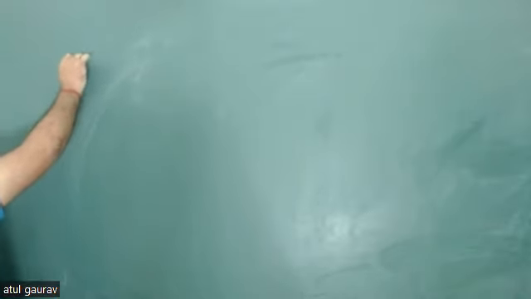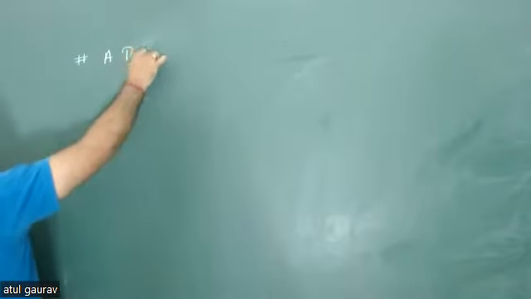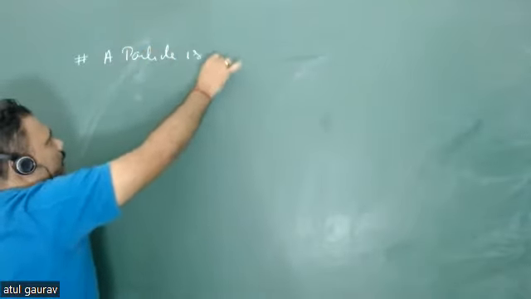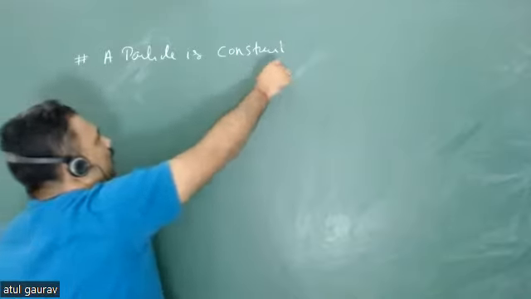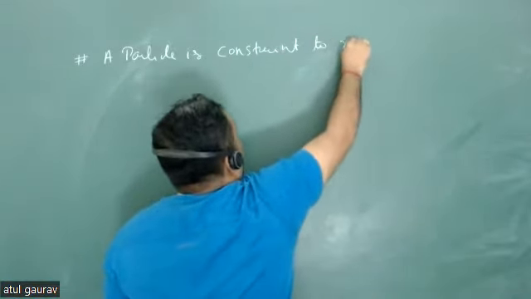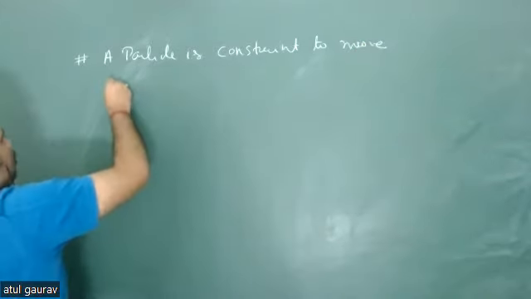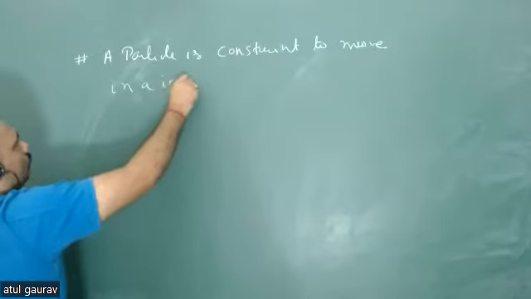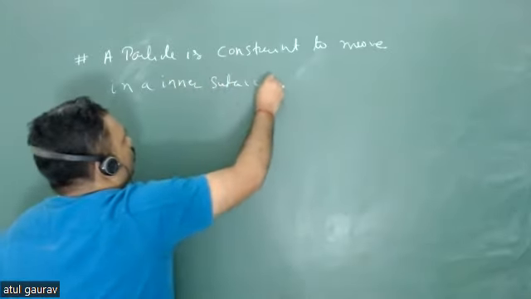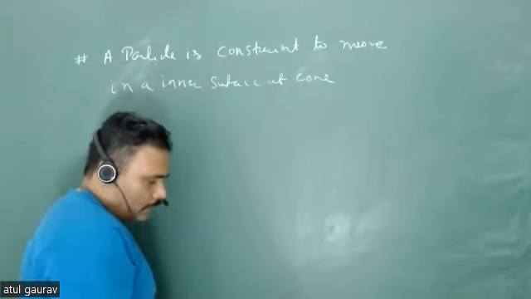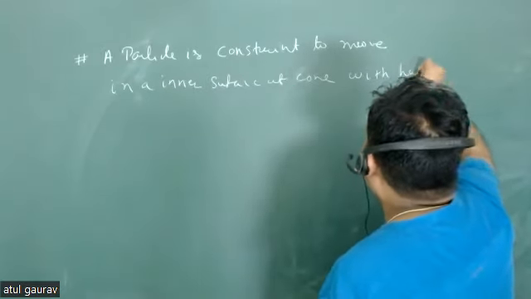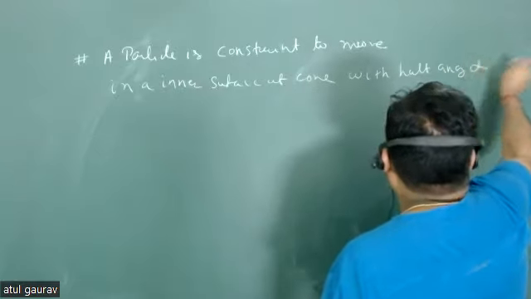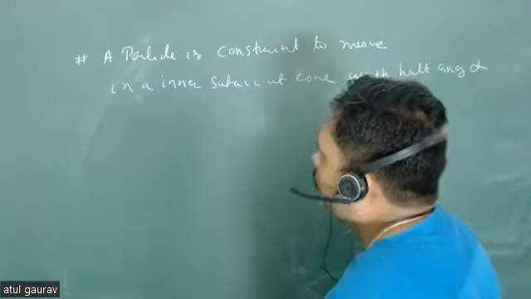Chalo, so let's go for this problem. A particle is constrained to move in an inner surface of a cone with half angle alpha, as shown in the figure.